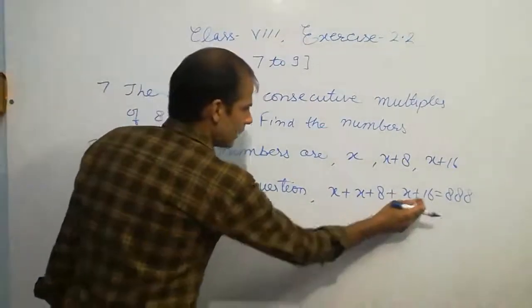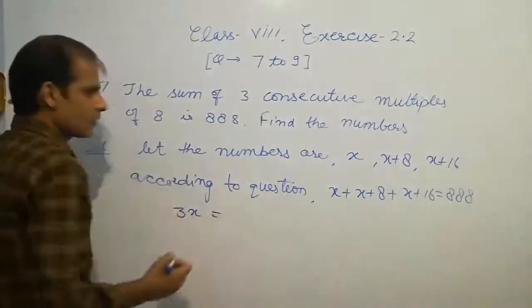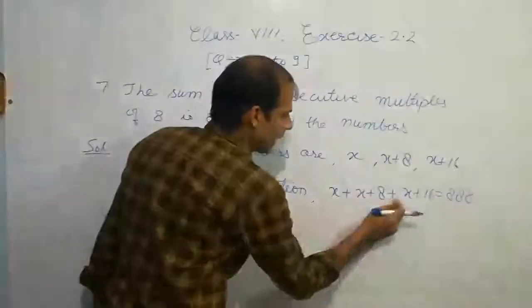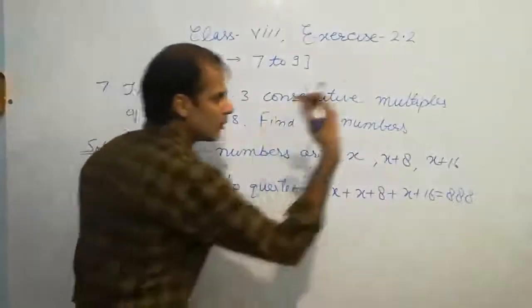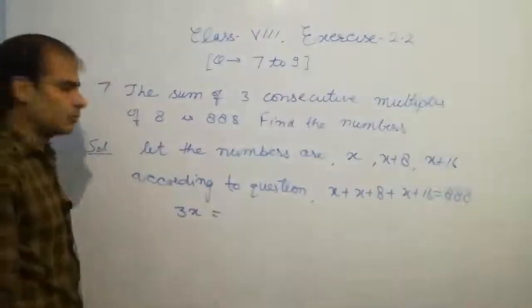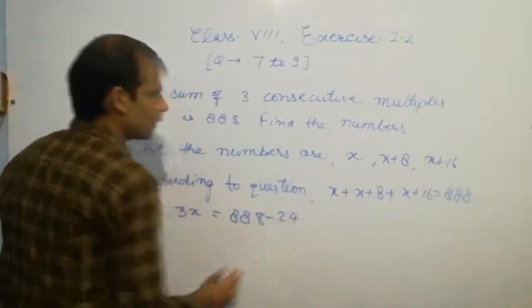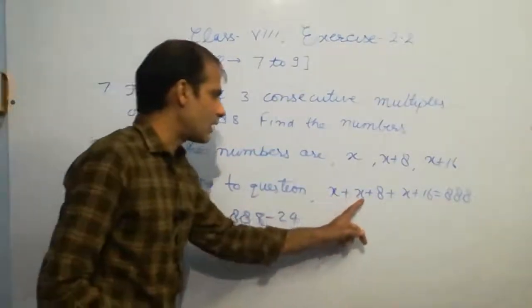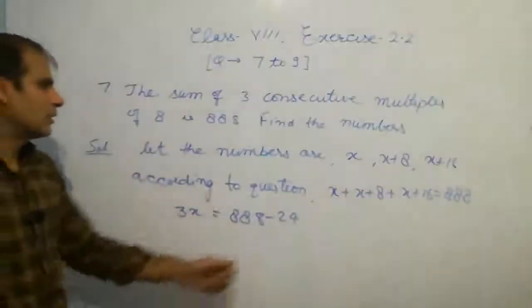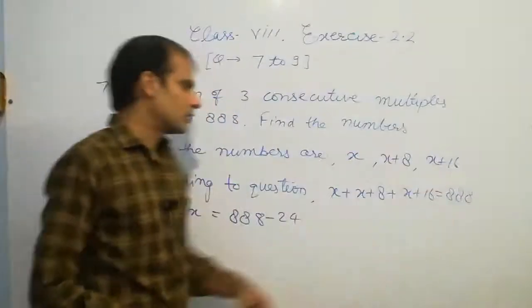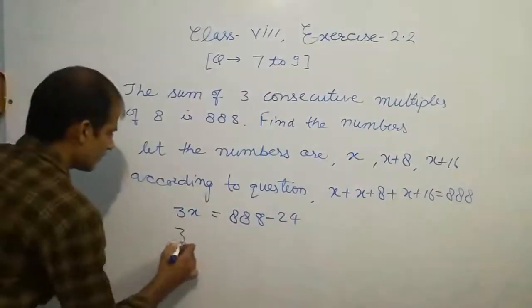Then it is 8 plus 16, which becomes 24. 24 will be transposed to the right hand side. It becomes minus 24. Okay. x, x and x, that is 3x, and 8 plus 16, 24, that will be subtracted on the other side.